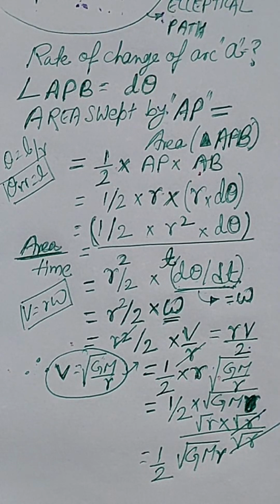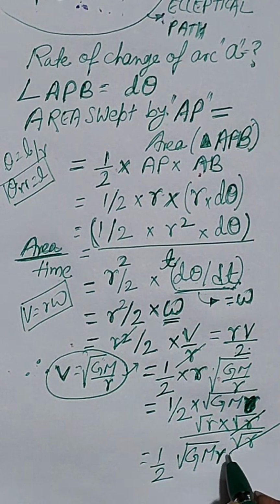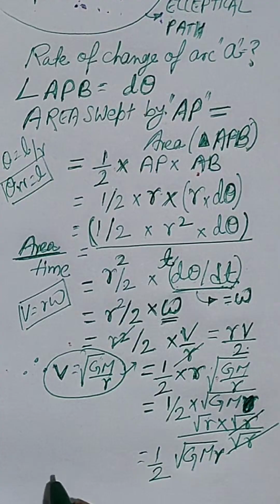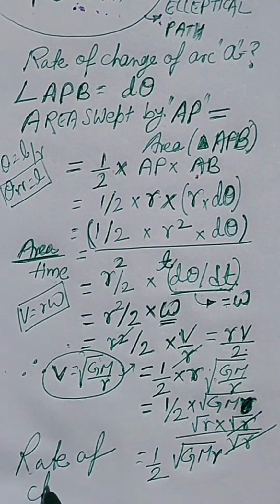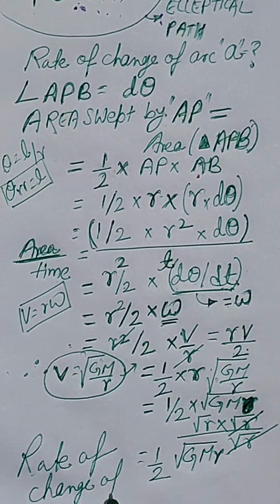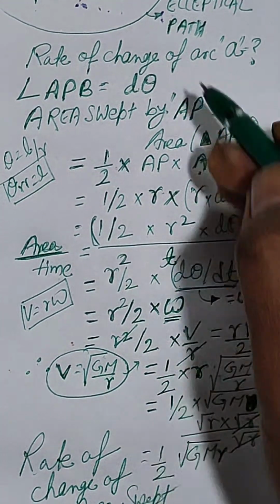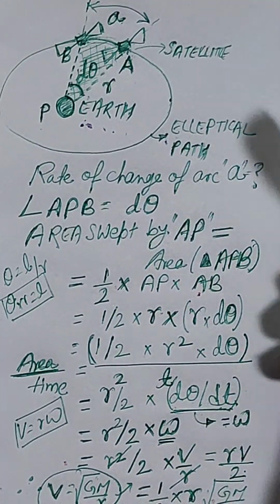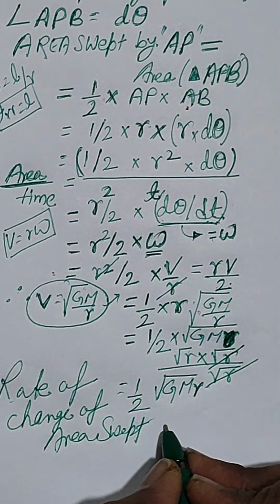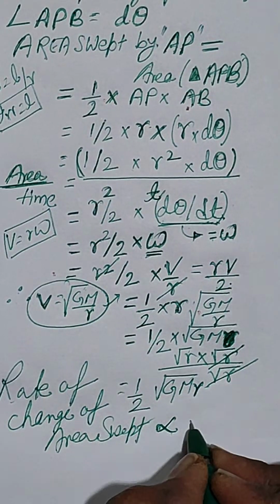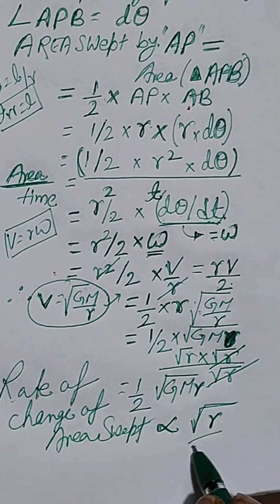So we can see that the rate of change of the area swept by the line joining the satellite and earth is proportional to root r. Okay, this is the answer.